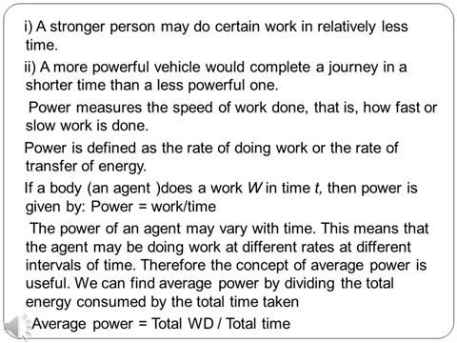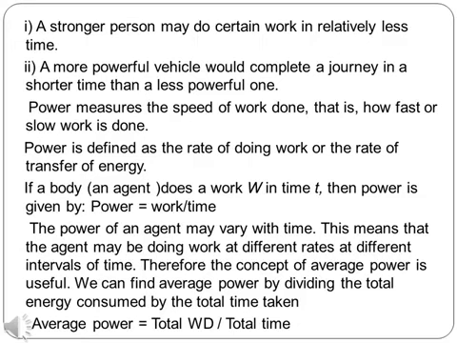Here, I have mentioned the word powerful. What is power? Power means the speed of doing work. That is, how fast or slow work is done. It is defined as the rate of doing work or the rate of transfer of energy.